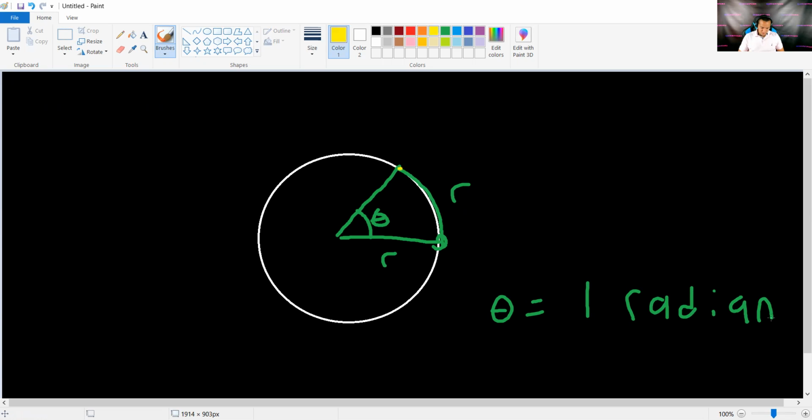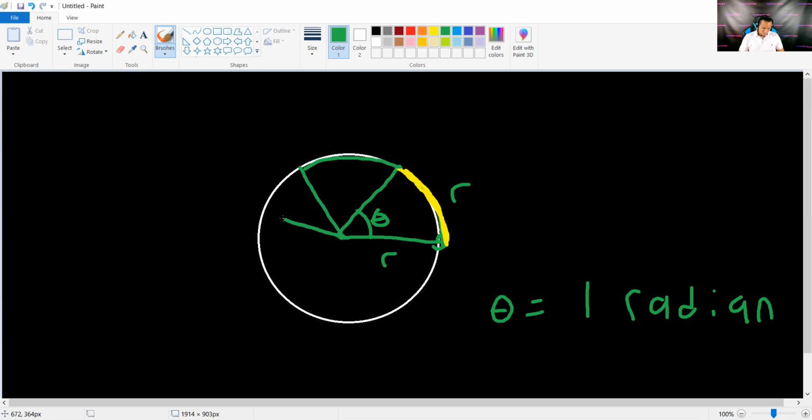This right here in yellow, that's the arc length. An arc is something that's curved. It's a curved line. And when the arc's length equals the radius, the angle is a radian.